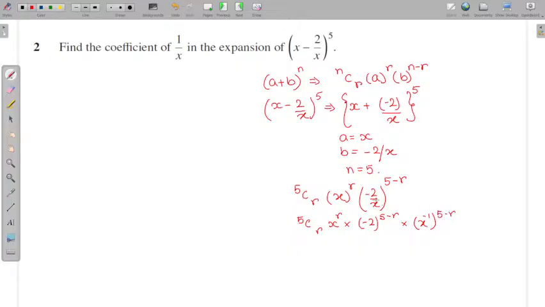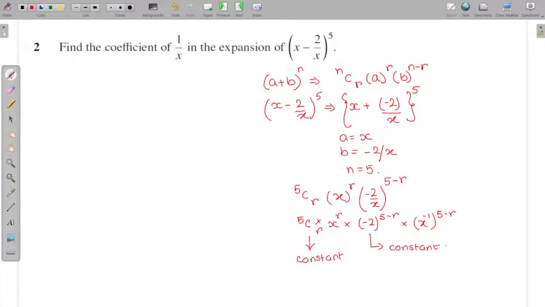Why? Because this x is in the denominator. So when we bring it to the top, we have to put this minus 1 out here. So see, this is a constant and this will also give you another constant. So the next step will be to identify the x term.